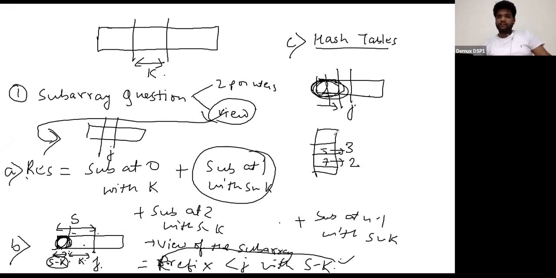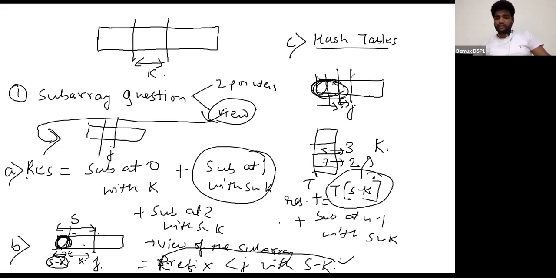Then what I have to do is look in this table for T of S minus K. That is the total number of prefix arrays with sum S minus K, which basically means that this is the total number of subarrays ending at J with sum K, right? So I can add that to the result.